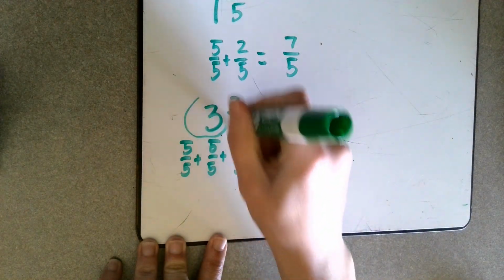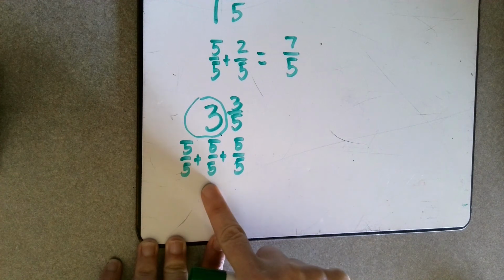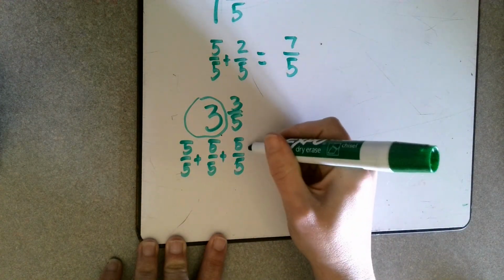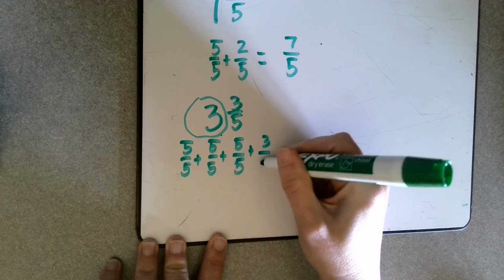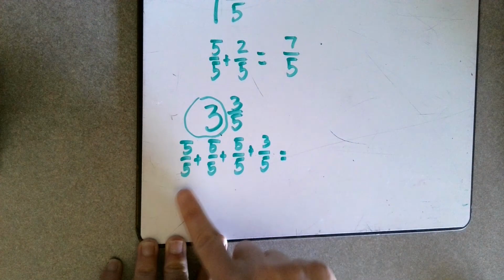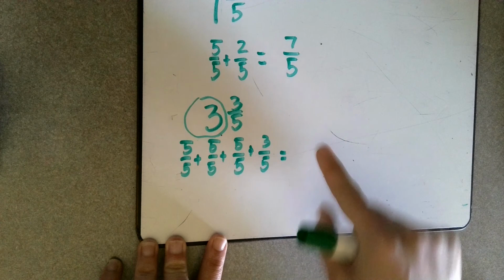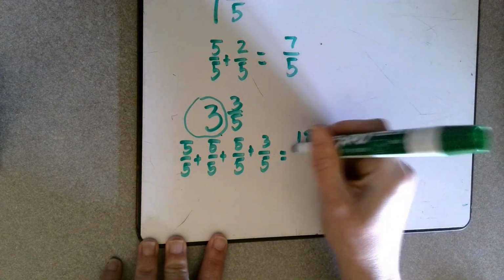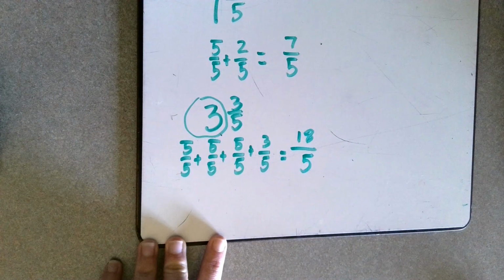There's my 3 wholes: 5/5 plus 5/5 plus 5/5. And then I need to add in my 3/5 that's remaining, for a total of 5, 10, 15, 16, 17, 18 fifths.